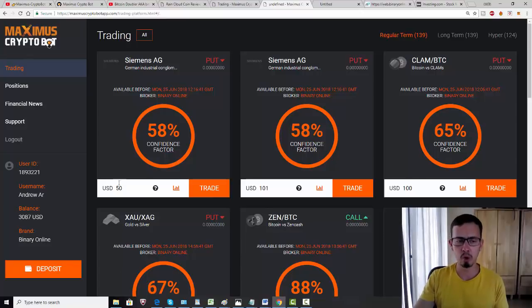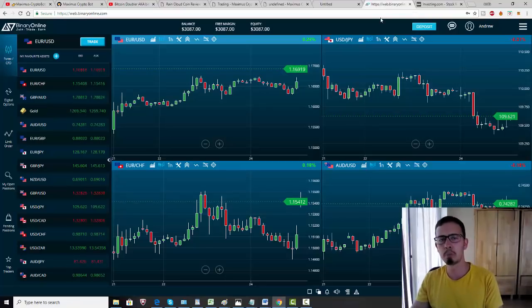From that point forward, in order to generate profits, we simply have to enter the amount we want to invest for each signal and click on the trade button. When we do that, that signal will be automatically placed on our assigned broker's platform.